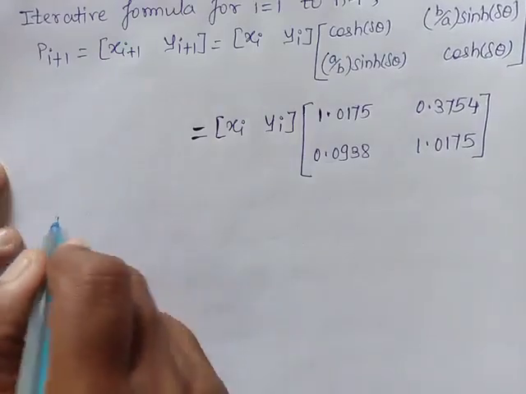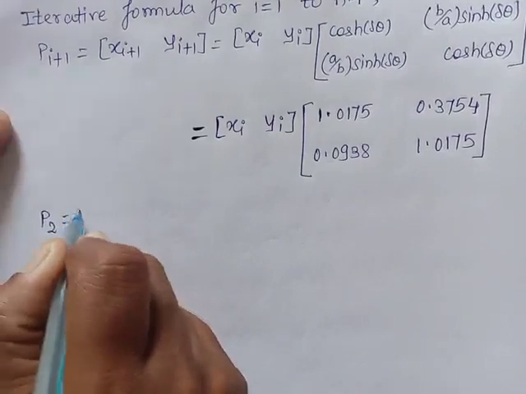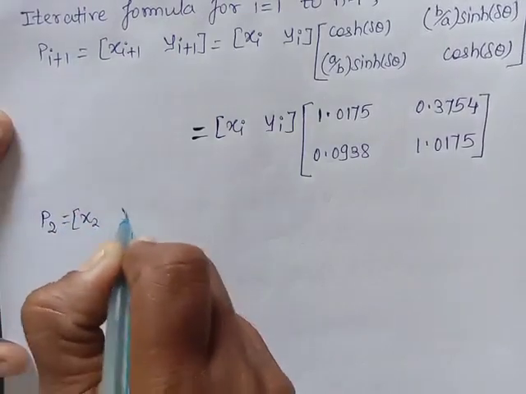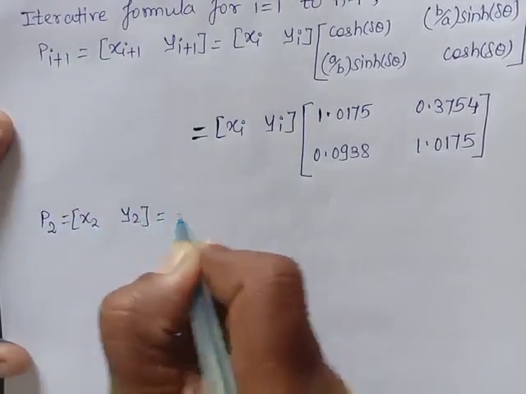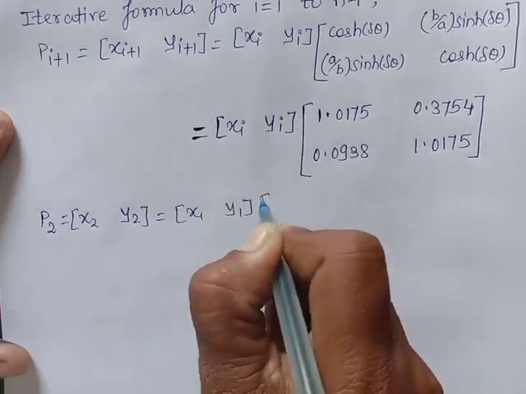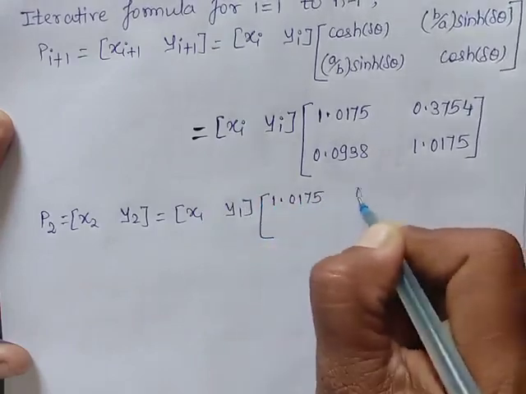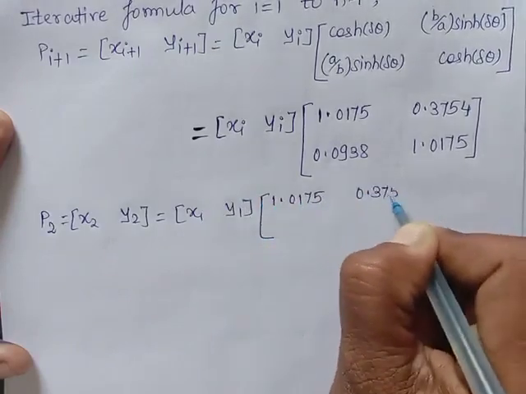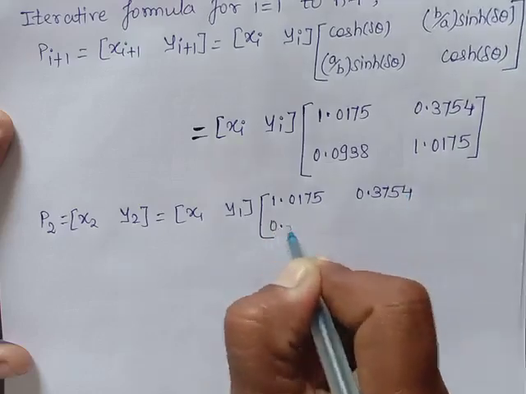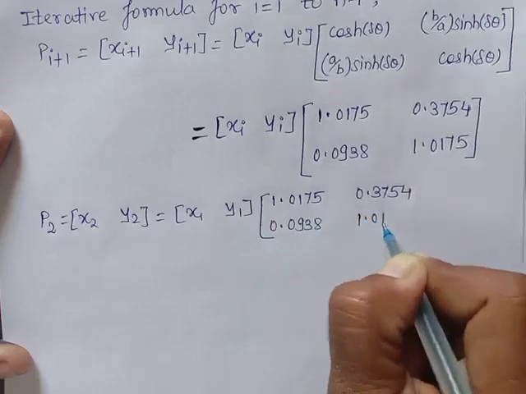Okay, now we have to determine P2 to P5. P2 is what? X2 Y2. X2 Y2 is nothing but X1 Y1 into this matrix: 1.0175, 0.3754, 0.0938 and 1.0175.